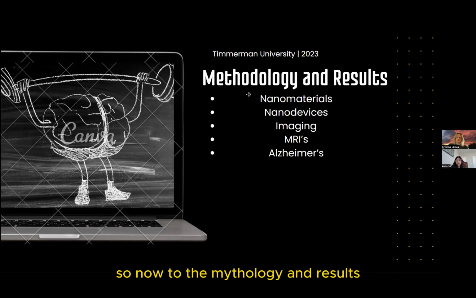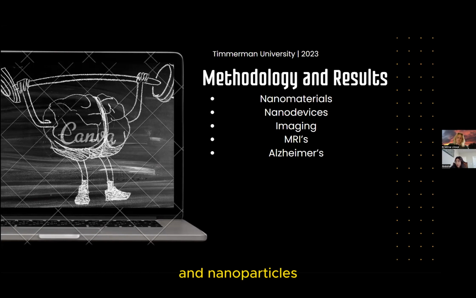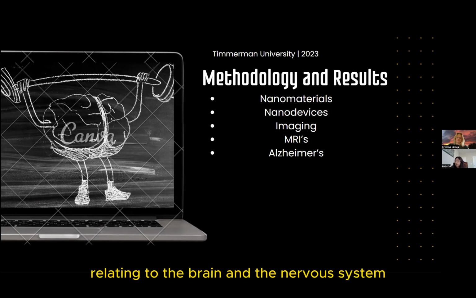So now to the methodology and results. The study of the application of nanotechnology in the field of neuroscience, which includes nanomaterials, nanodevices, and nanoparticles, can study the brain, the nervous system, and all diseases relating to the brain and the nervous system.